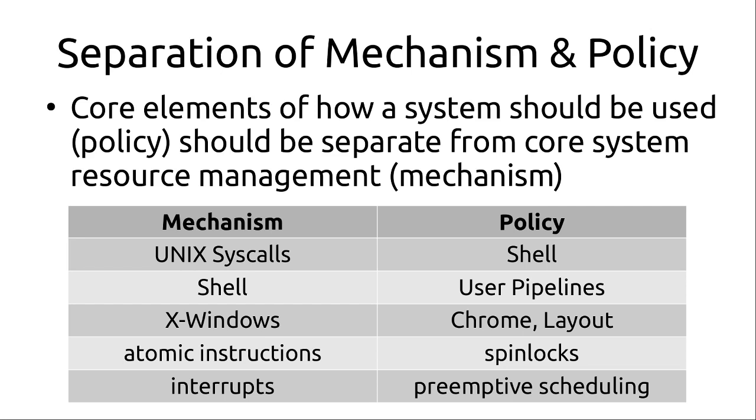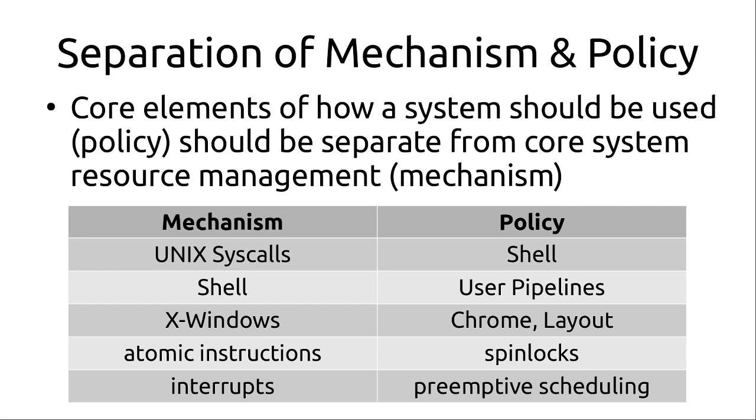So we have these policies, the Chrome, the layout, that use this raw mechanism of X windows that really is just composed with rasterizing things onto the screen and compositing overlapping windows to decide which one to show, right? You might also think, kind of on a more hardware level, of atomic instructions being the mechanism that is used by the spin lock implementation to orchestrate locks, right?